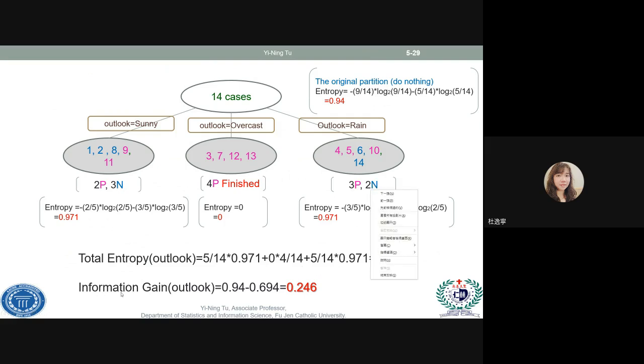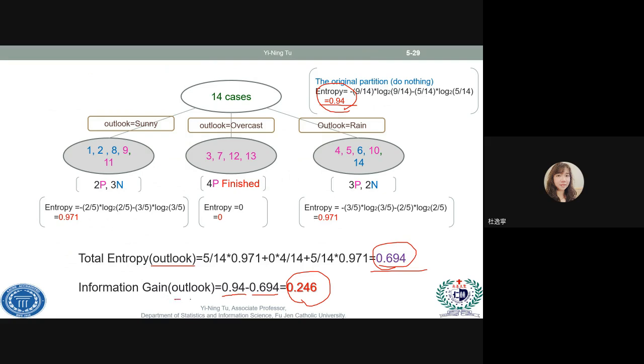So what is information gain? Okay, here is a key point: information gain. So this is the original entropy. This is outlook's entropy, the entropy we get after using outlook. So the original subtract after, original subtract after. So we will get 0.246.